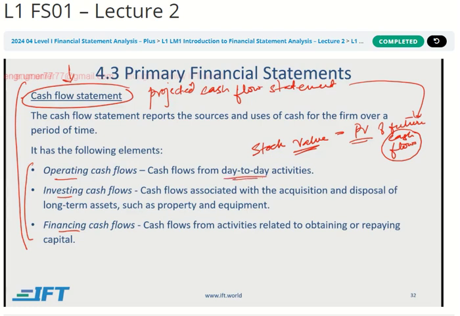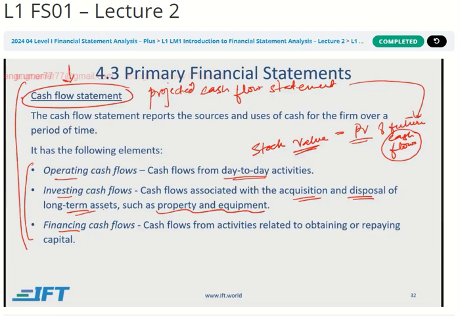Operating is going to show the cash flows from the day-to-day activities, their operations: cash coming in from normal customers, sales, cash going out to suppliers, salaries being paid to employees, staff, right? Investing cash flows is when you're buying fixed assets like property and equipment, or buying or selling of these long-term assets.